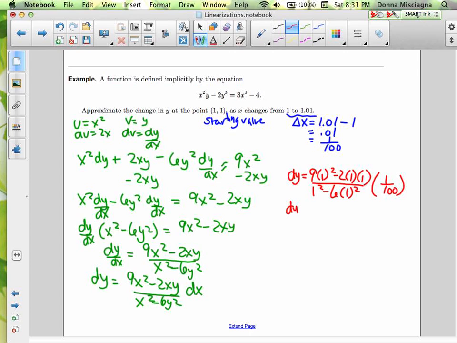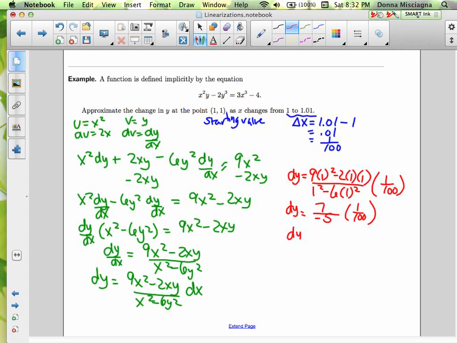Now you can find out how much y will change if we change x by 1/100th. This is not the exact change, but it's a very close approximation. So 9 minus 2 is 7, and 1 minus 6 is negative 5.